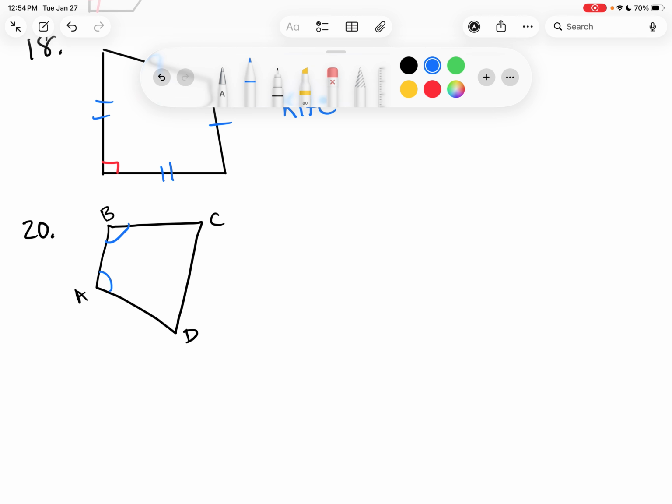These are the markings that they've put on here for us. So based on that information, what kind of quadrilateral could this be? Trapezoid.